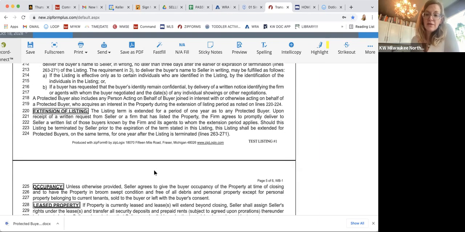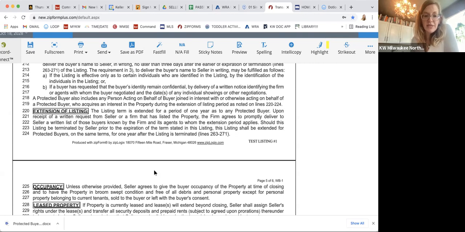And that provision is extended in the next section. So listing term is extended for a period of 1 year as to any protected buyer. Upon receipt of a written request from the seller or a firm that has listed the property, the firm agrees to promptly deliver to seller a written list of those buyers known by the firm and its agents to whom the extension period applies.